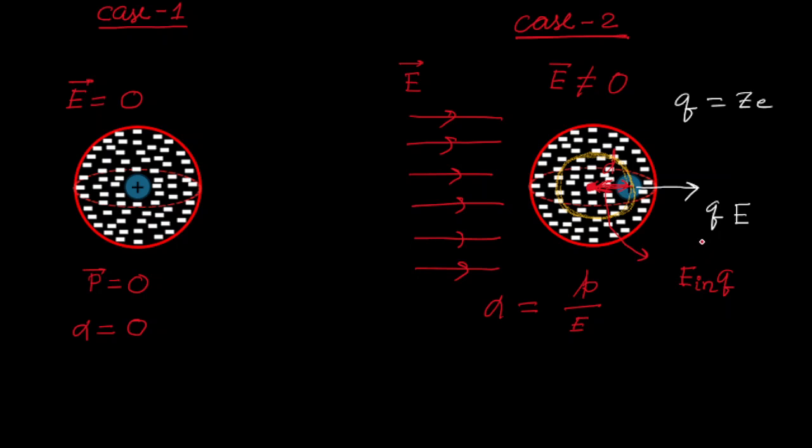As soon as we make them equal, from there we can calculate d, and once we get d we can calculate the dipole moment in terms of the external electric field. If we divide the induced dipole by this external electric field, we'll get alpha.